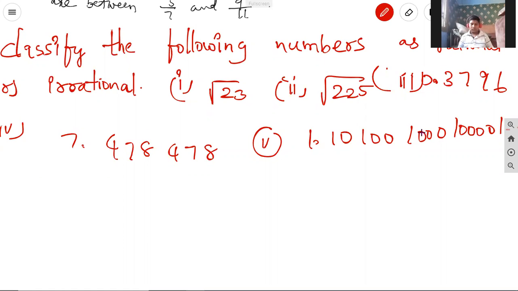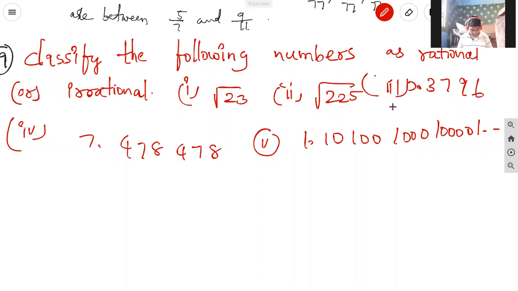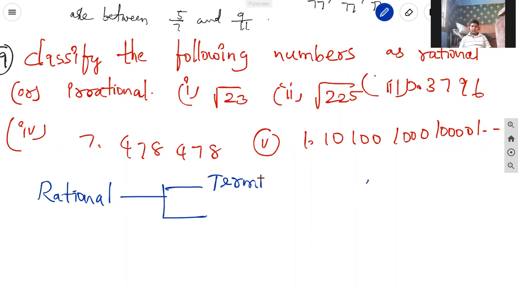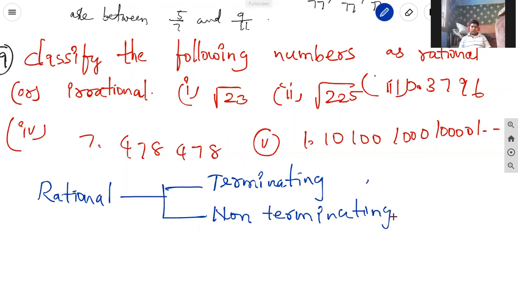It is the last question in this chapter, the ninth one. Classify the following numbers as rational or irrational. Again I am saying, what is the difference between rational and irrational? Rationals are of two types: one is terminating decimal expansion, another one is non-terminating recurring decimal expansion.